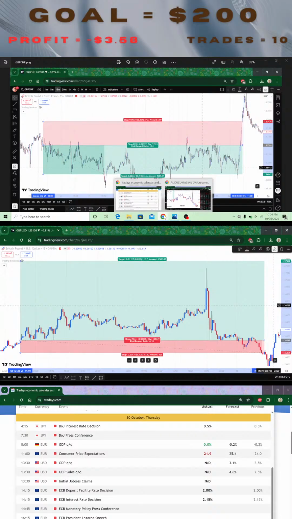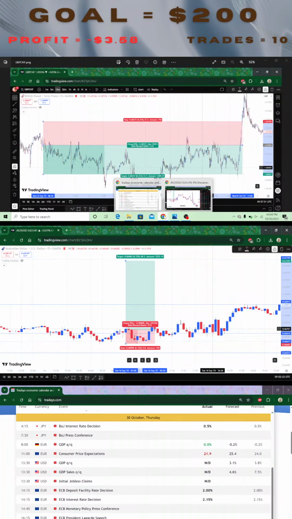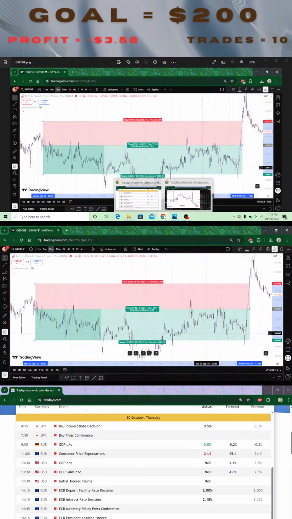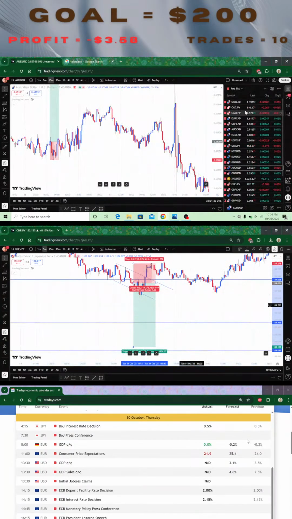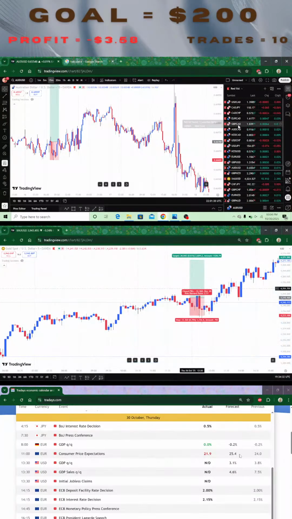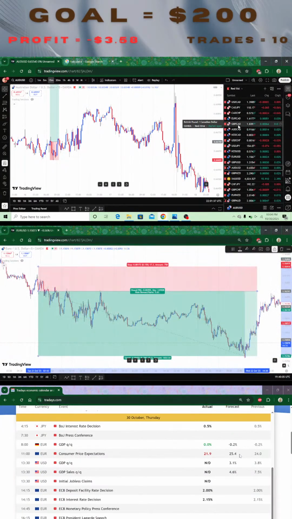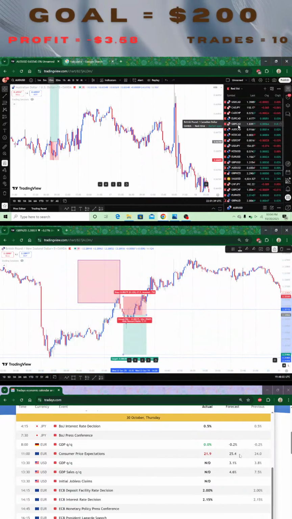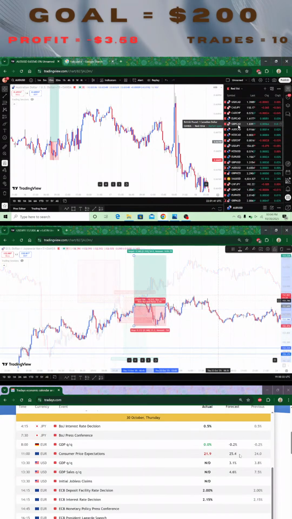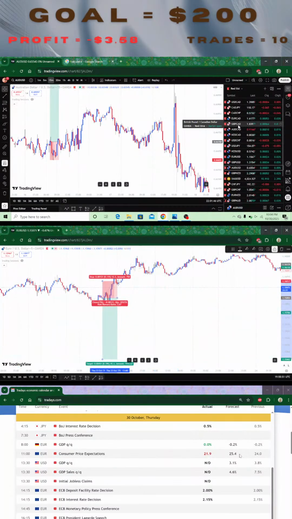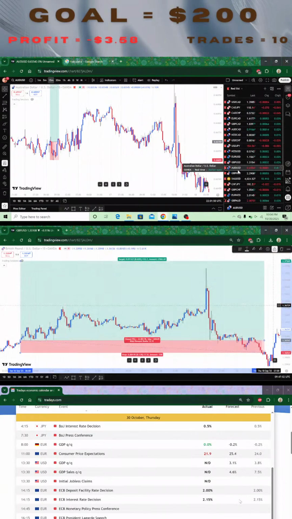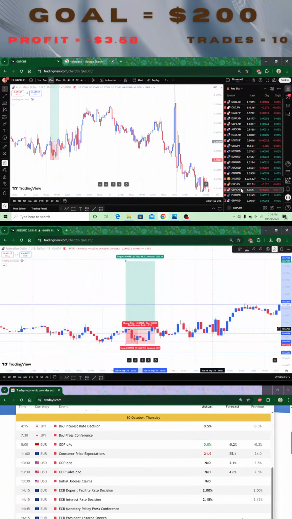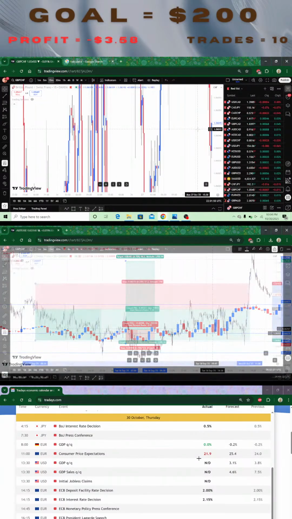I'm supposed to check here and go all the way here. Oh goodness. Where is GBPCHF for goodness sake? Okay, I've seen it.